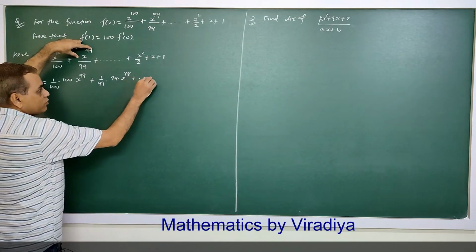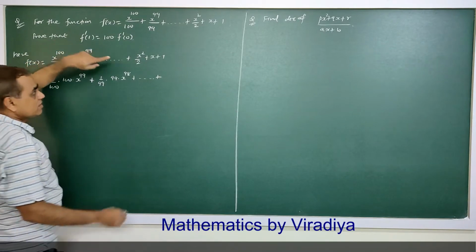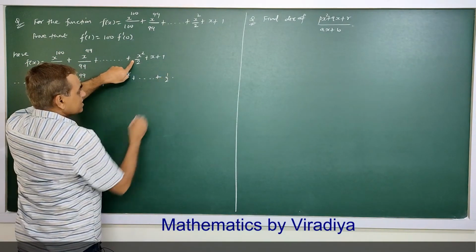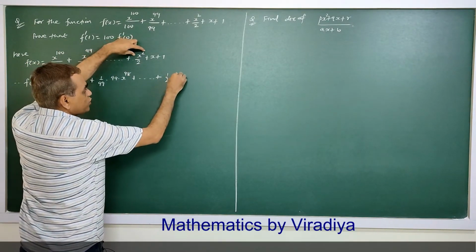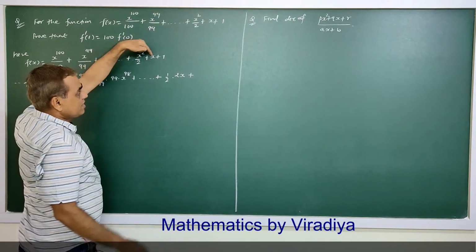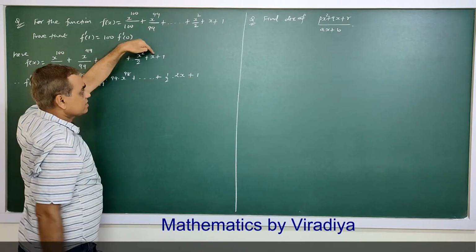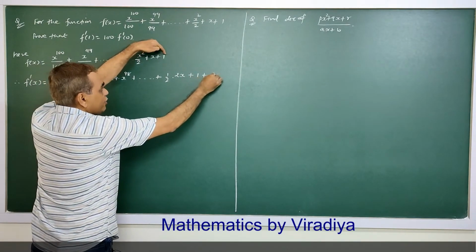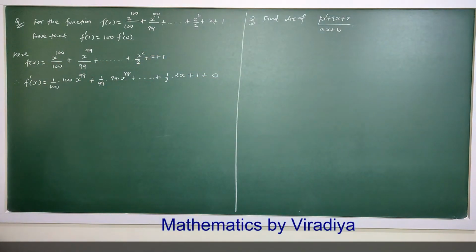So continuing this procedure, here 1 by 2 as it is, derivative of x square is 2x, plus derivative of x is 1, plus derivative of 1 is 0.